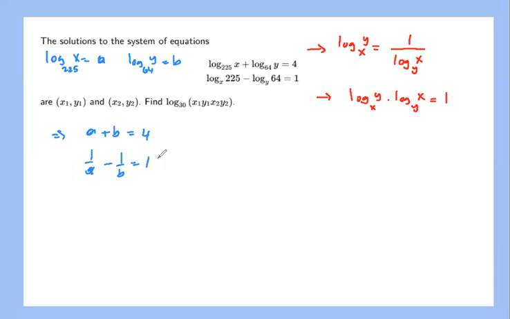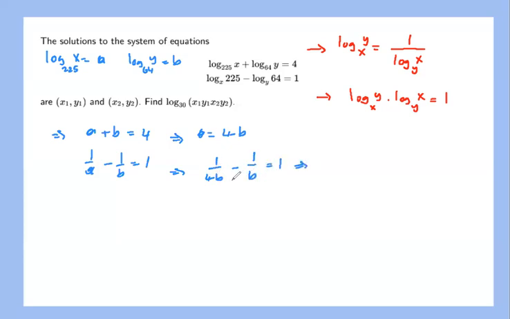We can solve this system either using substitution or eliminating one of the variables, but I think substitution is good. If I take a alone, that should be 4 minus b. Then I can plug this into the second equation, so that will give us 1 over 4 minus b minus 1 over b equals 1.